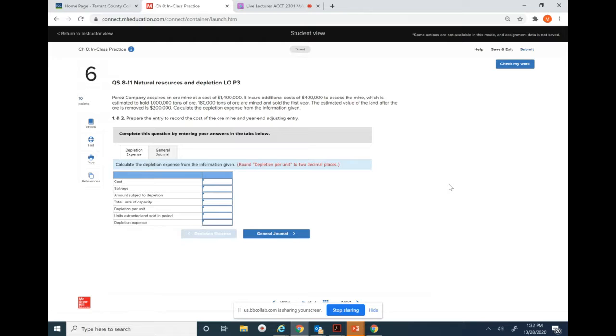The reason why I wanted to look at this problem now is because natural resources are not depreciated, they are depleted, but when we deplete natural resources, we use the units of production method. And because we just finished our discussion on units of production, I felt that this is really a good spot for us to look at natural resources.